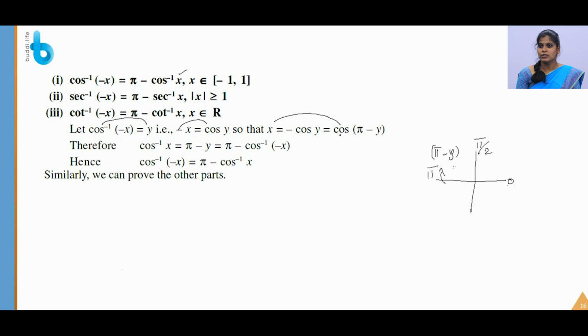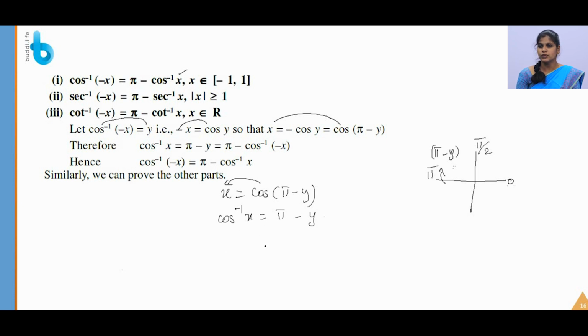So, now this cos you take to the other side. So, we have x equal to cos of pi minus y. On taking cos to the other side, we have cos inverse of x equal to pi minus y.